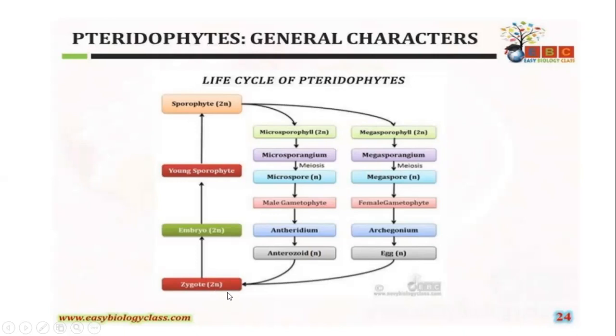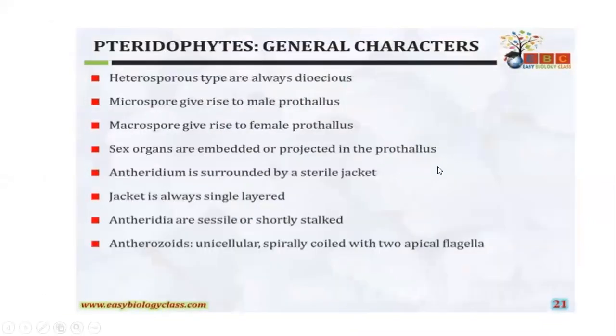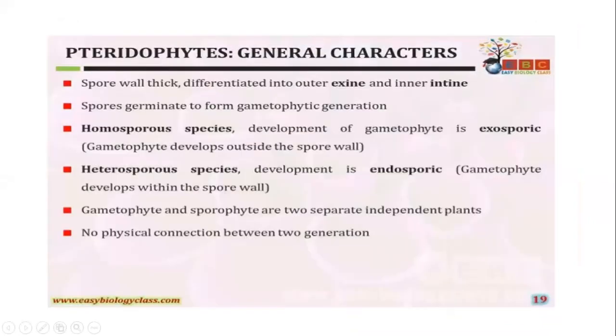Fertilization results in the zygote, which undergoes development and produces the embryo. Upon differentiation, the embryo forms a young sporophyte and develops into an adult sporophytic plant again. So this is the typical life cycle of a pteridophytic plant, and this is about the general characters of the pteridophytic plants.